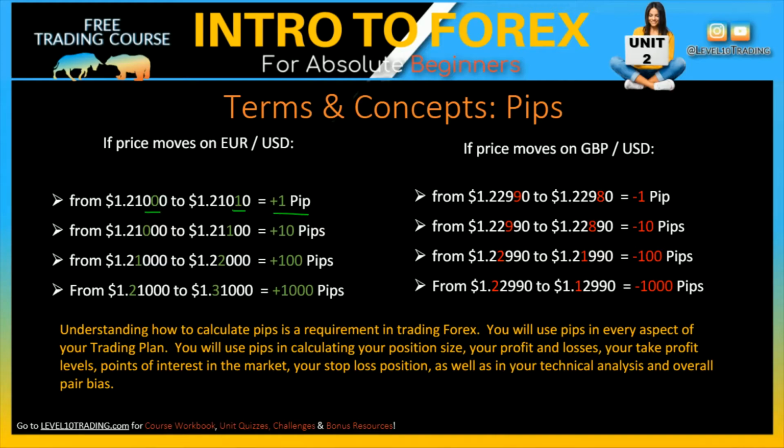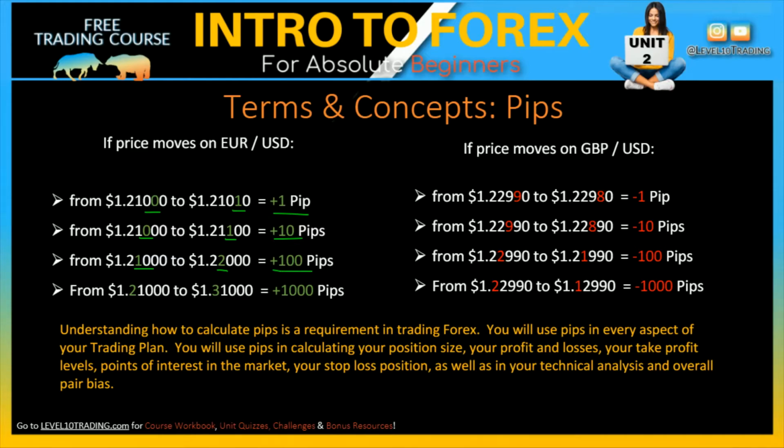And the same thing goes if price moves from 1.21000 to 1.21100, price has now changed 10 pips. Same, 1.21000 to 1.2200, that's the hundreds place, and that would be a value change of 100 pips.